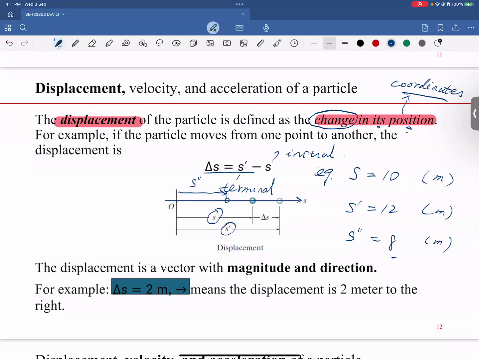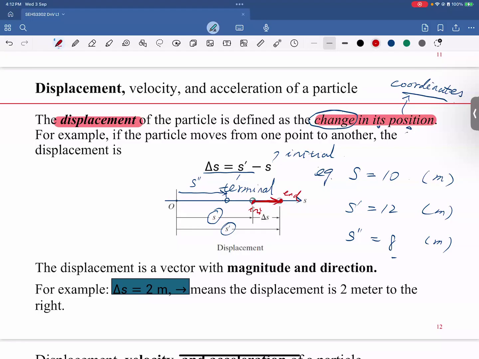So positive and negative indicates its direction, right? We see for displacement 1, from S to S prime, this is the end point, and this is the initial point. The initial point is on the left, and the end point is on the right. So end minus initial is pointing to the right, right?